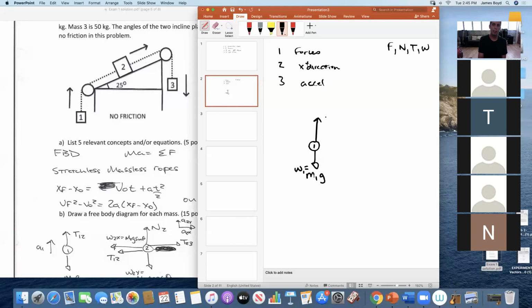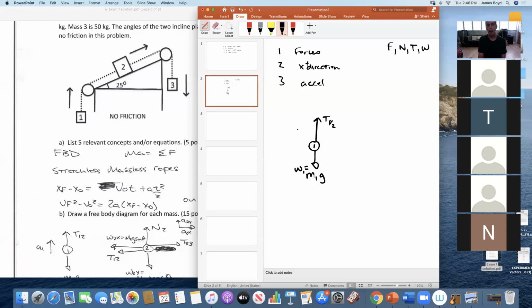It has to have a tension because it's got a rope attached to it. If it has a rope attached to it, it has a tension. If there's more than one mass, you need to somehow specify, is this the tension between 1 and 2 or 2 and 3? I do that by writing tension on 1 due to 2, but you could write TA and TB.